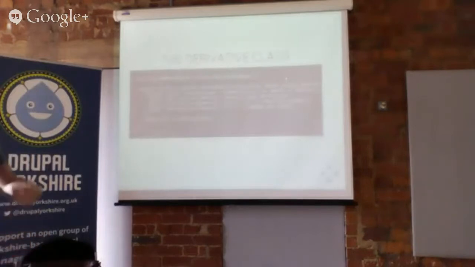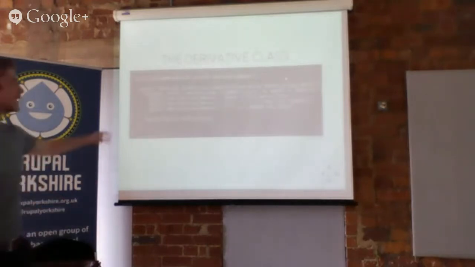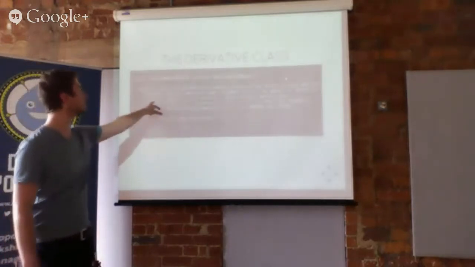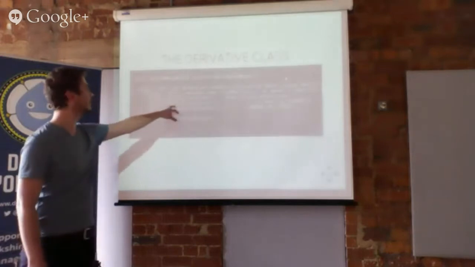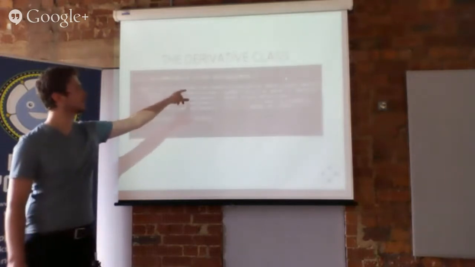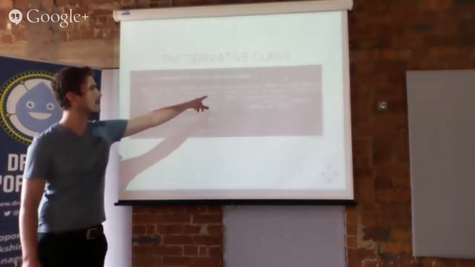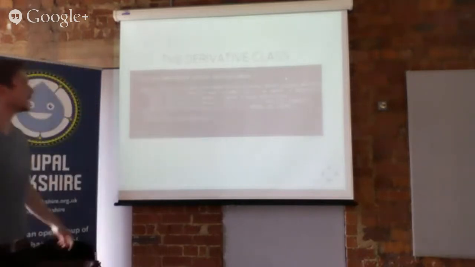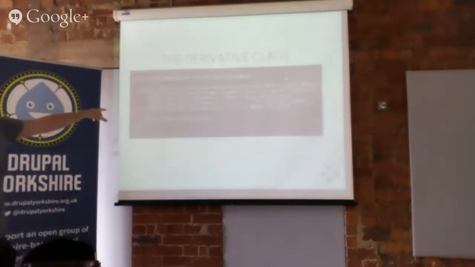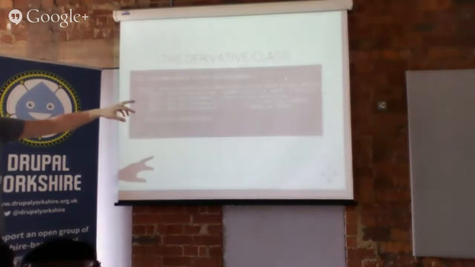So to turn that single base plugin into an array of plugin definitions. And it does this by taking that base plugin definition, using that as a default, and it does a loop. So for each menu, it goes for each one, provides an admin label, and sets some caching.